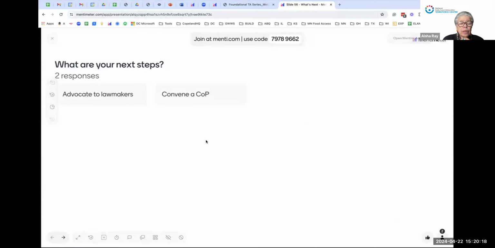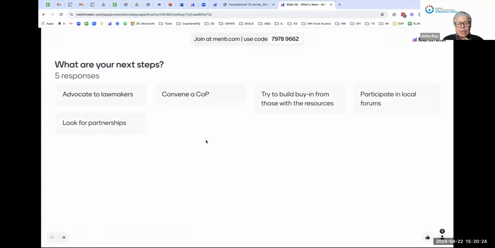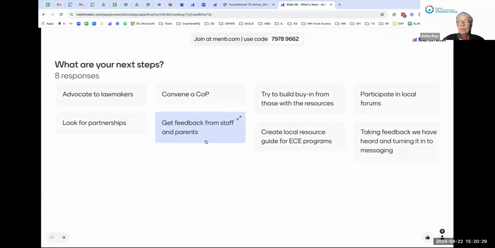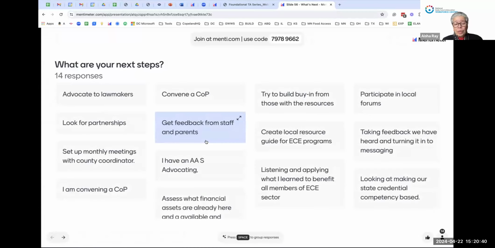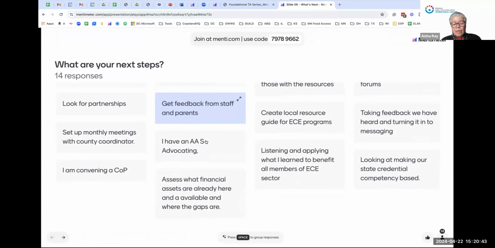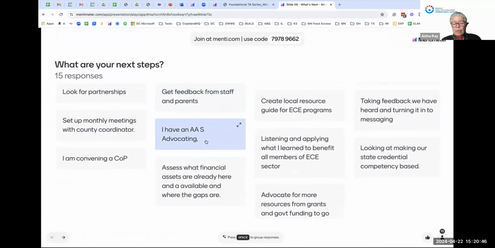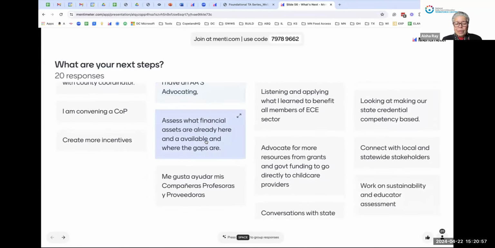Advocate to lawmakers, good. Convene a COP, excellent. 2 responses. Try to build buy-in from those with the resources, participate in local forums, create local resource guide, get feedback from staff and parents, look for partnerships, set up monthly meetings with county coordinator, have an AAS advocating, great, listening and applying what I learned to benefit all members, great, looking to make our state credential competency-based, create more incentives, access, these are great next steps.